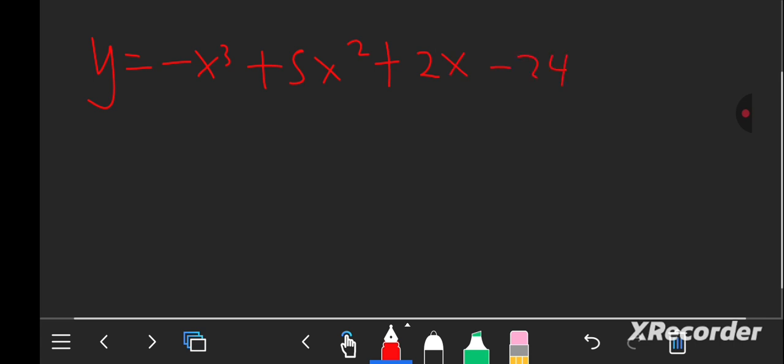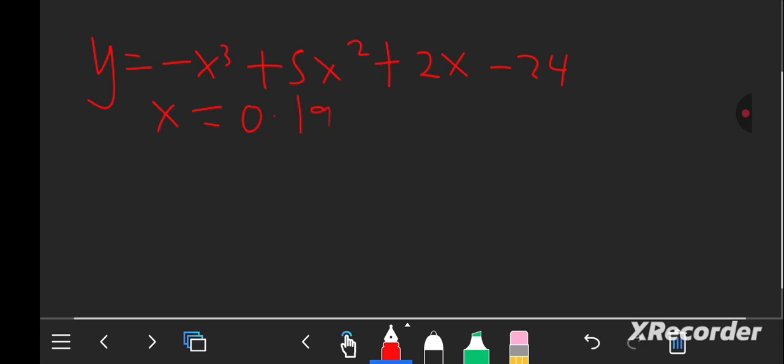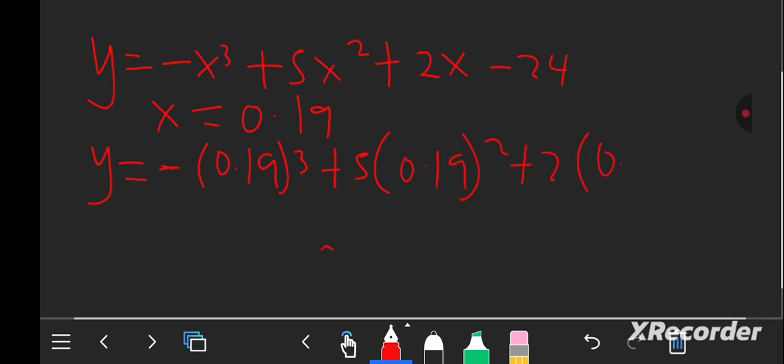When x is equal to 0.19, what would be the value of y? Y will be equal to negative, where there's x, substitute 0.19, so 0.19 cubed, then plus 5 times 0.19 squared, plus 2 times 0.19, then minus 24.